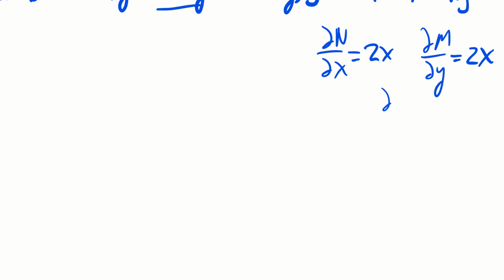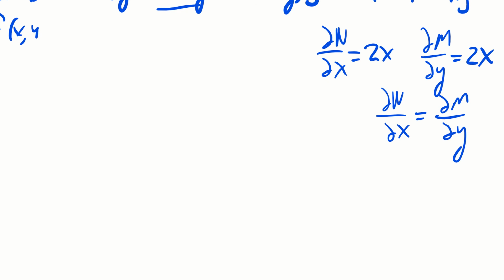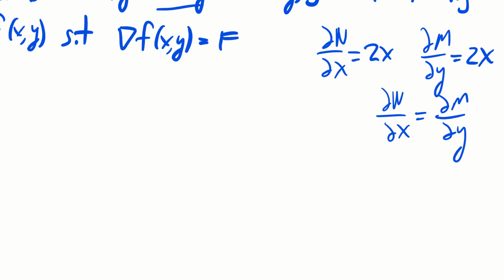So this vector function F, this vector field, will be conservative. Now our goal is to find a potential function. So we want to find little f of x comma y such that del f of x comma y, the gradient, is going to be equal to capital F of x comma y.